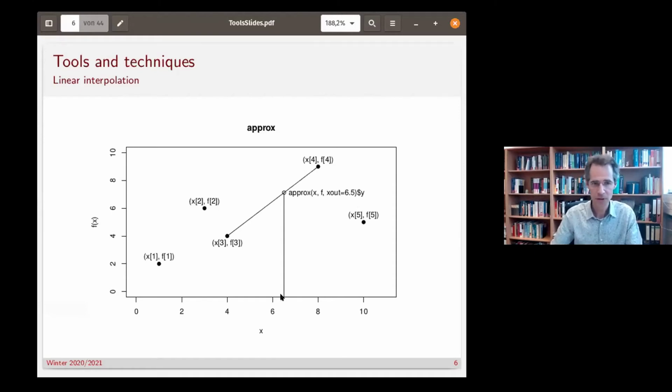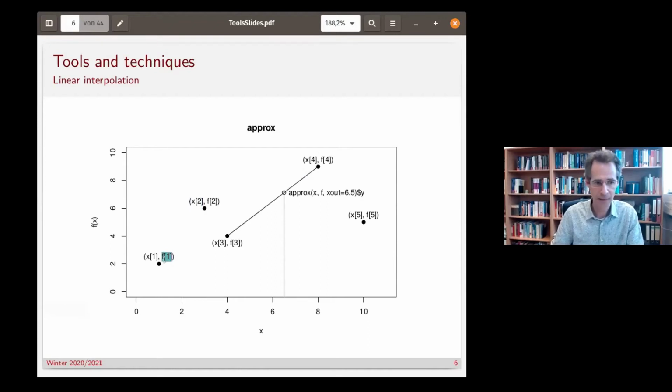So what's our approximation of the function f at point 6.5? Well, the two approaches are Approx and Approx fun. And this is how we use them. First, we need the vector of grid points. Let's call it x. So this x here is the vector of grid points. x1 is the first element, x2 is the second element, and so on. So x is a vector of length 5, and f is the functional values at these points.